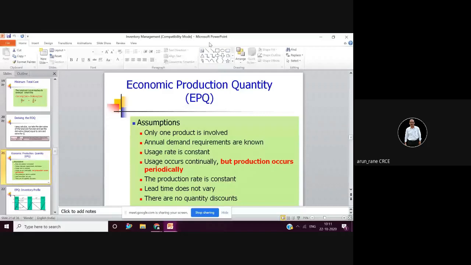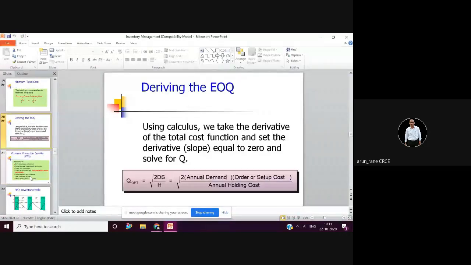EOQ is economic order quantity, that is how much quantity to be ordered, and EPQ is economic production quantity, that is how much quantity to be produced so that it will be viable. This we already studied, that is Q optimum is equal to root of 2DS upon H.